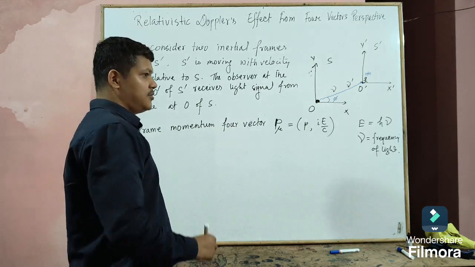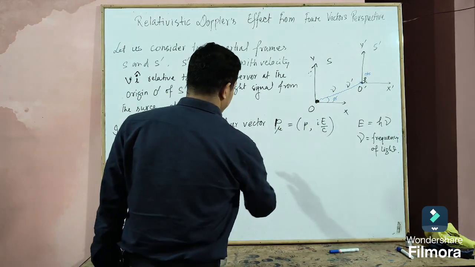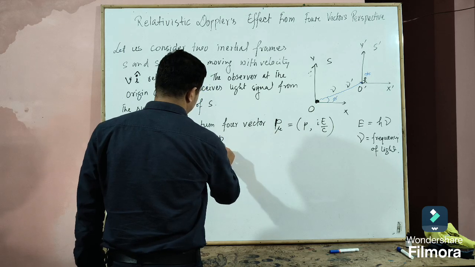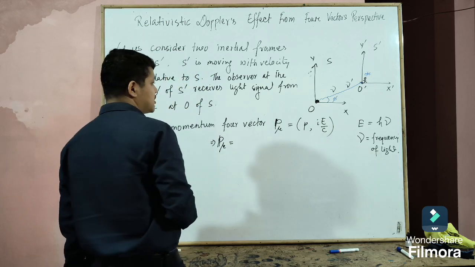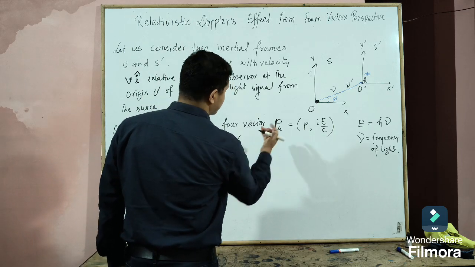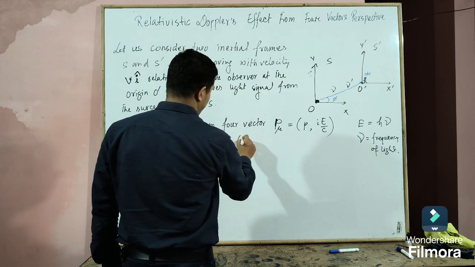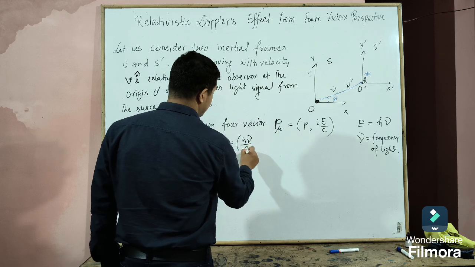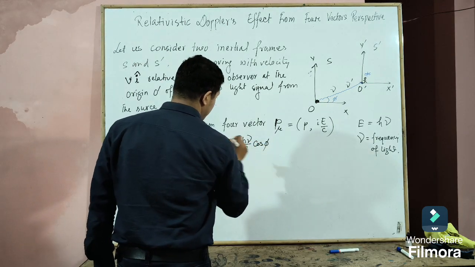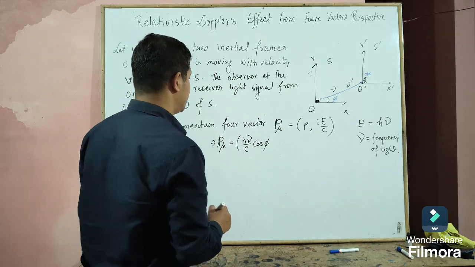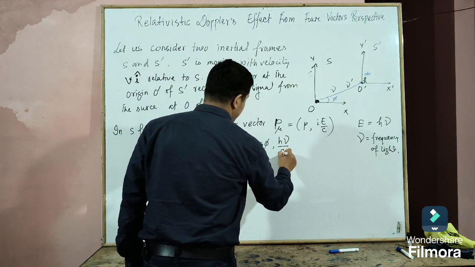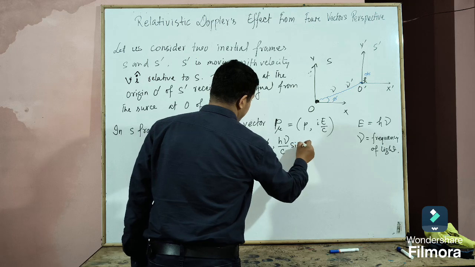Now here you see, this p mu vector, we're going to have components h nu by c cos phi, and another is h nu by c sin phi.